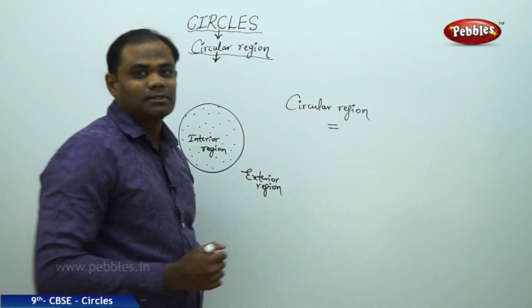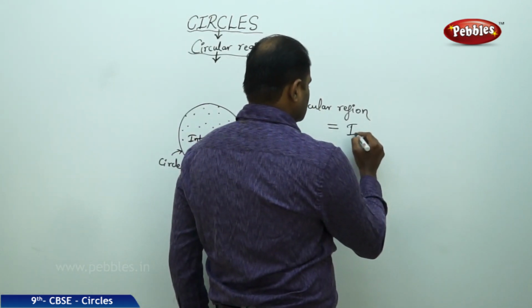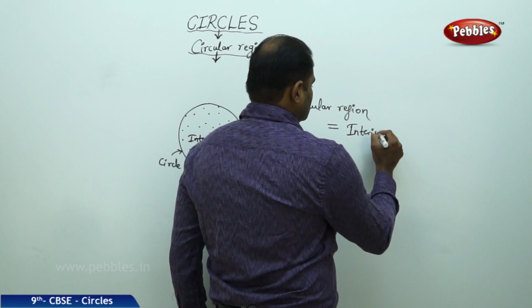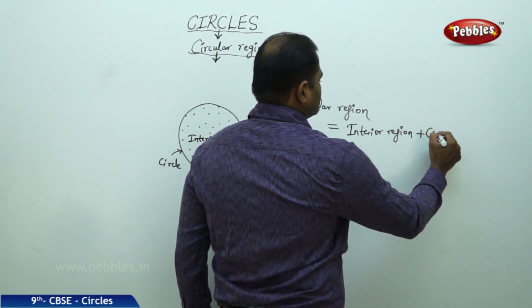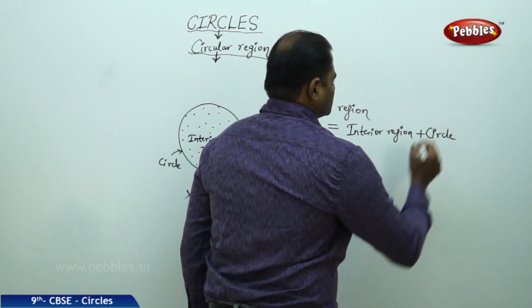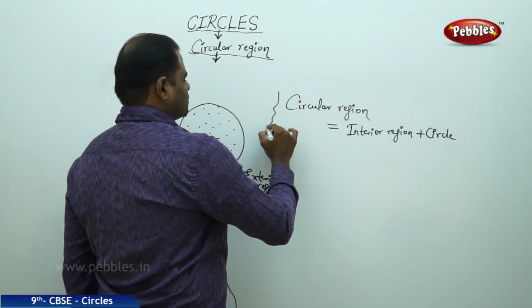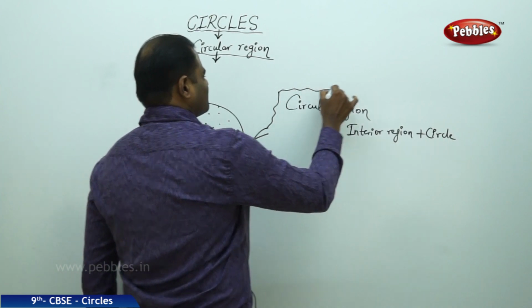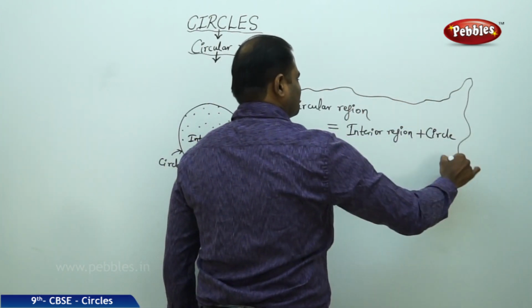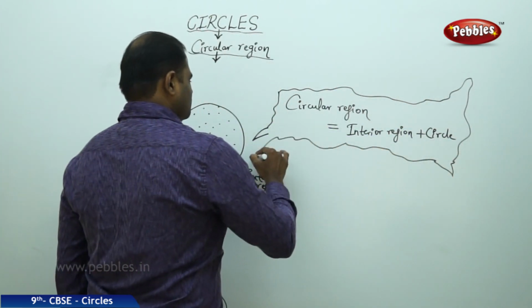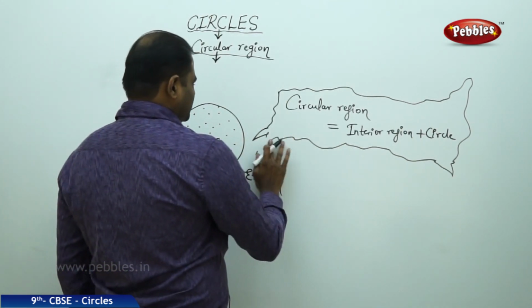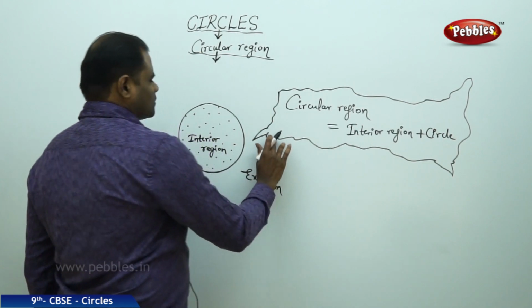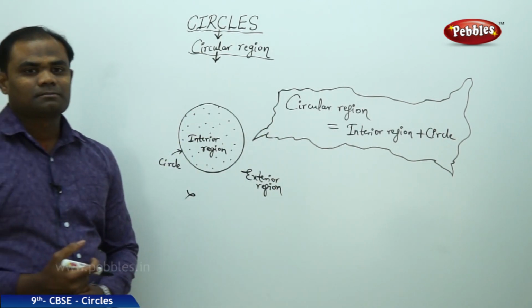So circular region is interior region plus circle is how we understand the circular region connected with the circle.